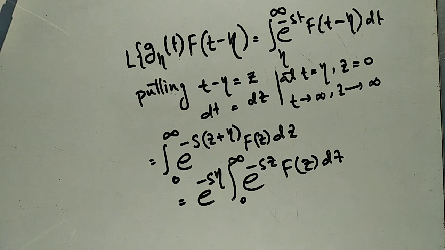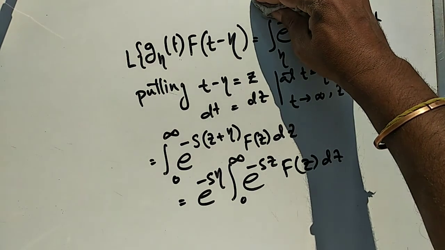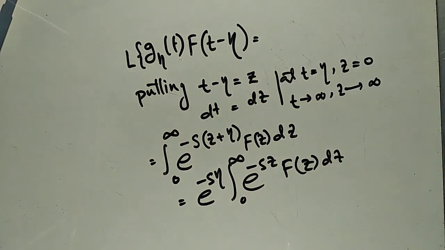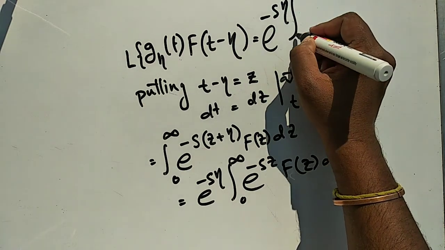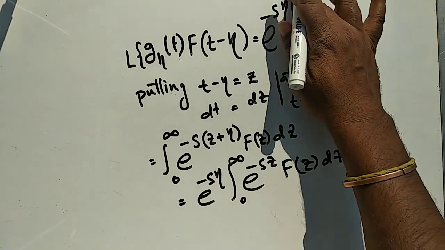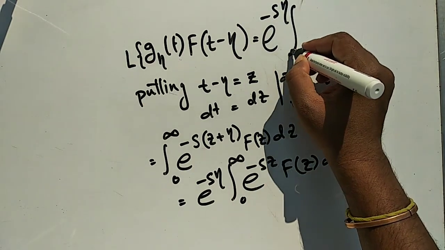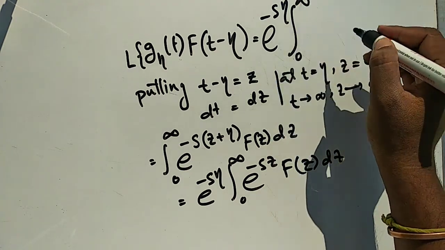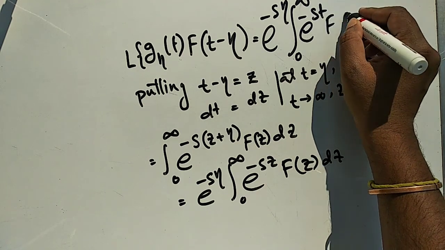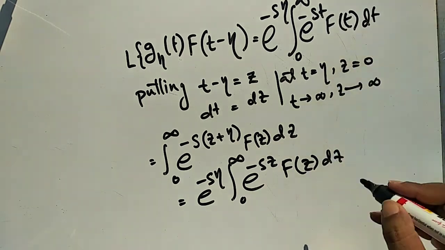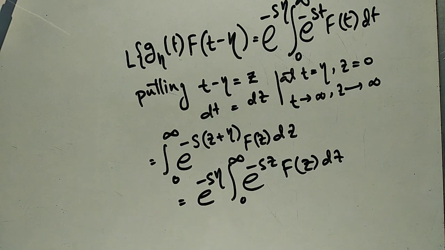Okay, so this reduces to this after substitution. I can write it here like this: e to the power minus s eta times the integral from 0 to infinity of e to the power minus st f(t) dt. Why can I write like this?